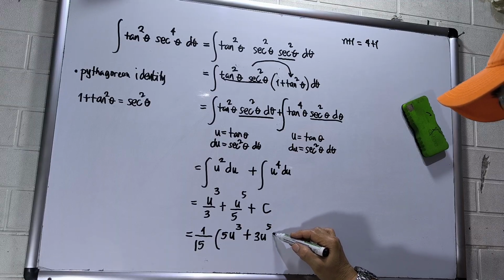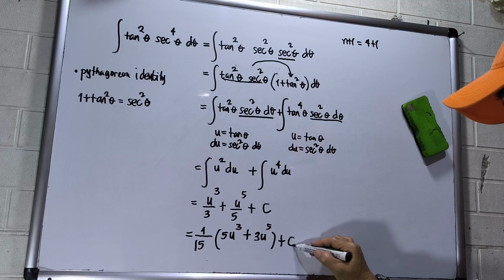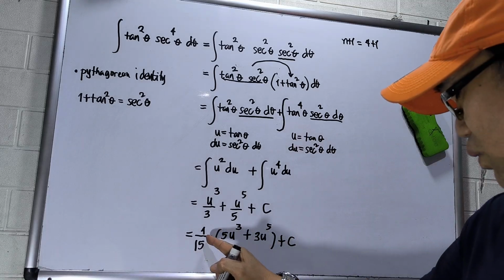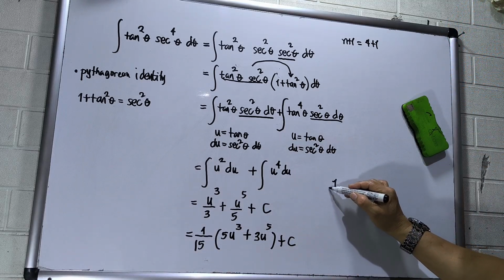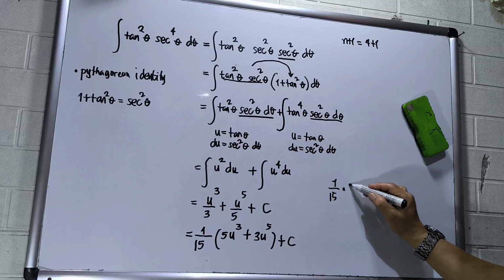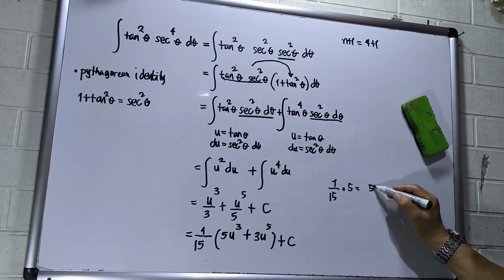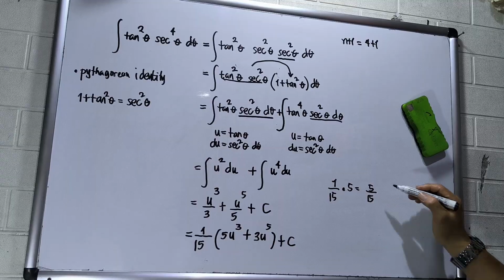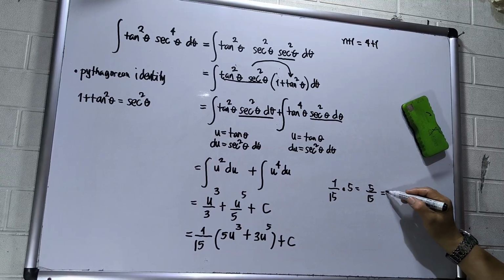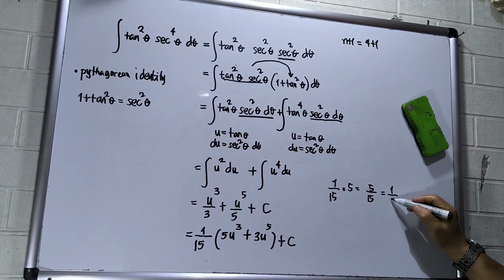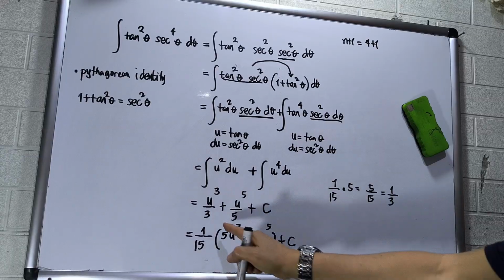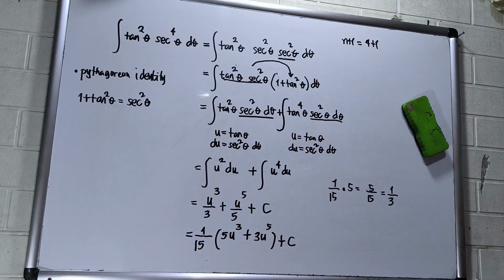Then this will be plus c. Let us check first. So 1 over 15 times 5, so this will be 5 over 15. Reduce to lowest terms, divide by 5, this will be 1, divide by 5, that is 3. So 1 over 3, correct.